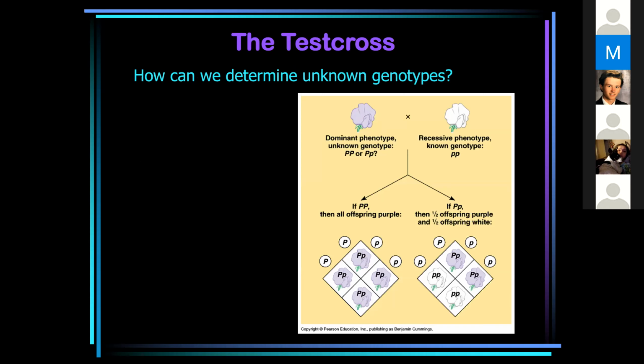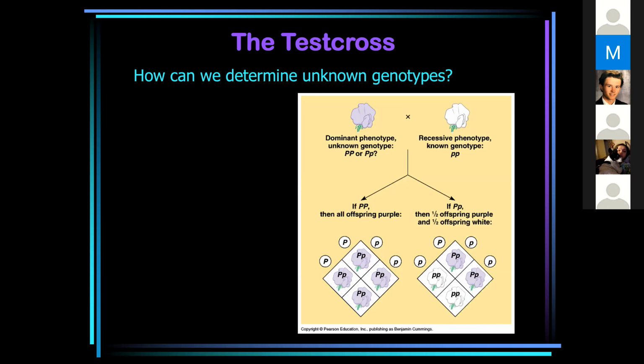But you also know that it can be purple if it's big P, big P, or big P, little p. You don't know which. However, you have another plant with white flowers, and you know what its genotype is. It's got to be little p, little p.